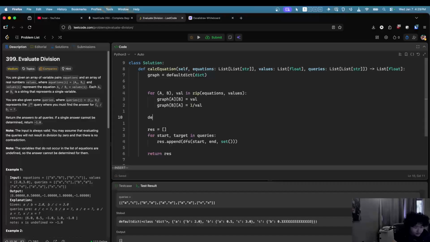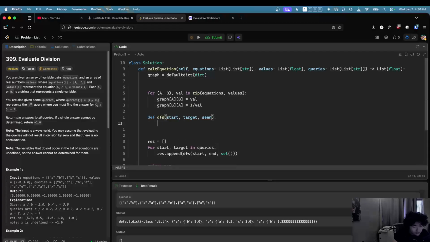Then we'll do def DFS. We'll take the graph and a seen set. Let's be more descriptive: start, target. Okay, so basically, two base cases. If start equals target, then we just return 1.